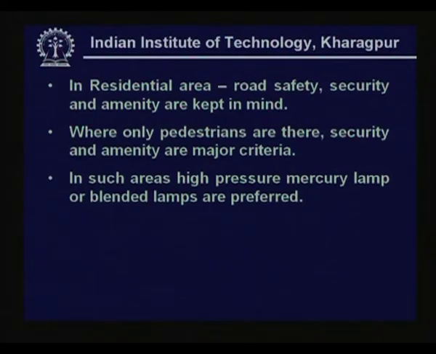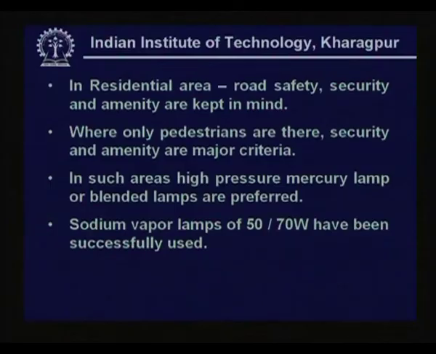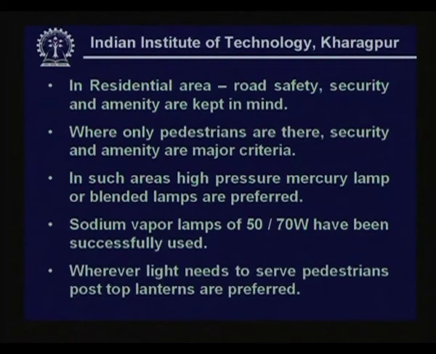As I already said in sports lighting, to improve color rendering, metal halides, which are nothing but high pressure mercury vapor lamps with halides included, give good color rendering. Sodium vapor lamps of 50 and 70 watts are successfully used for streets.